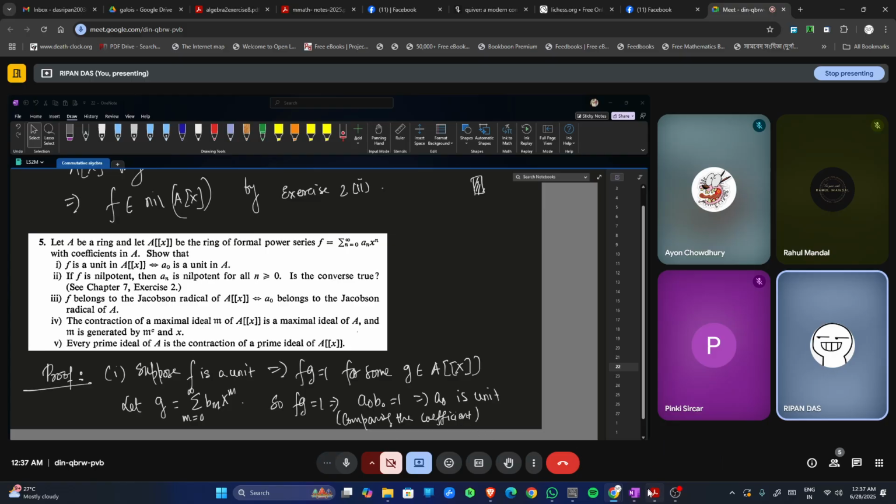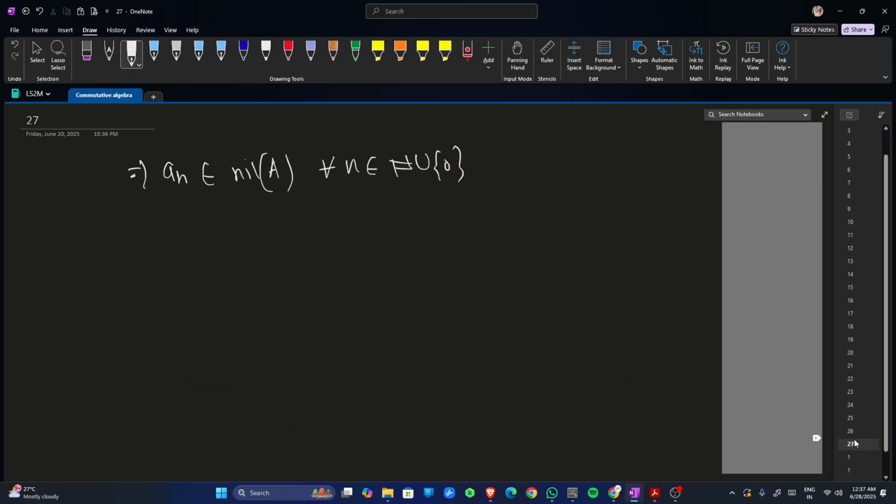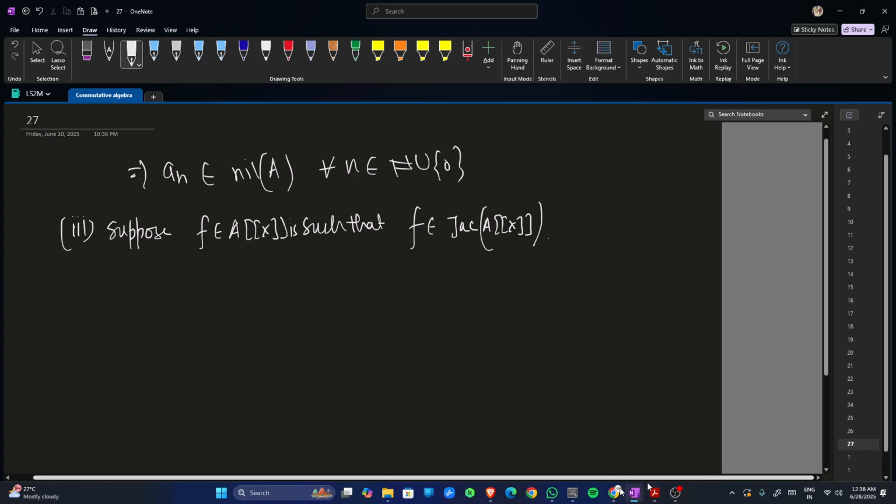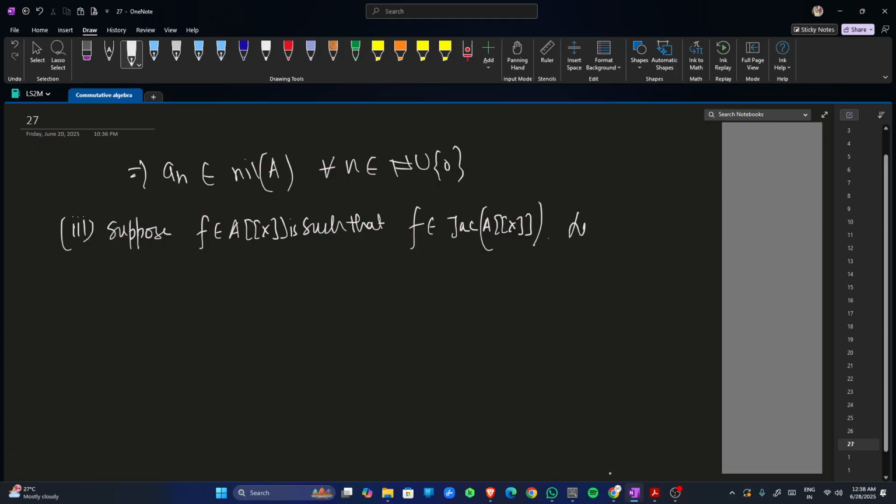Okay. Problem 3. Suppose F belongs to A[[X]] such that F is in the Jacobson radical. So you need to show that the constant coefficient is in the Jacobson radical of A. Let F look like the sum of an x^n, n equal to 0 to infinity.